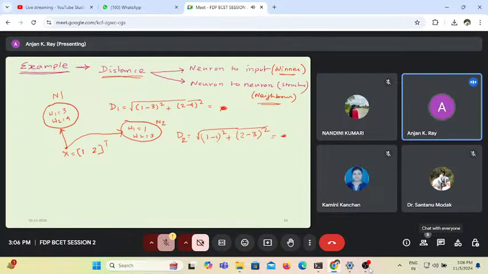Among D1 and D2, whichever is minimum will be the winner neuron. This is neuron to input distance, and from this we get the winner neuron. Once we have the winner neuron, centering on it, we calculate the distance from the winner neuron to other neurons and select the neighbors for the winner neuron.